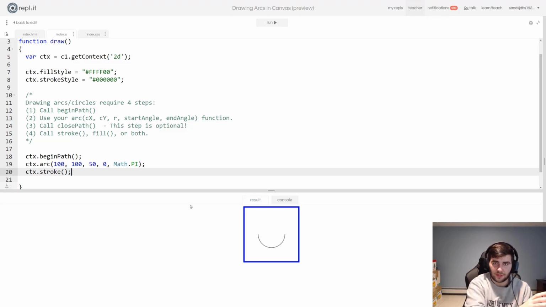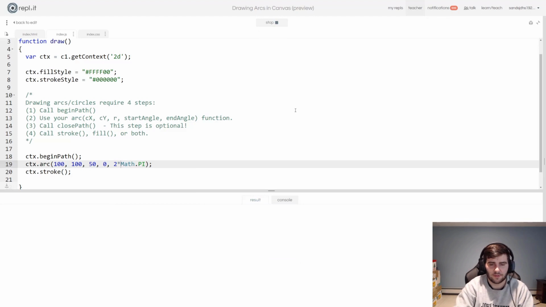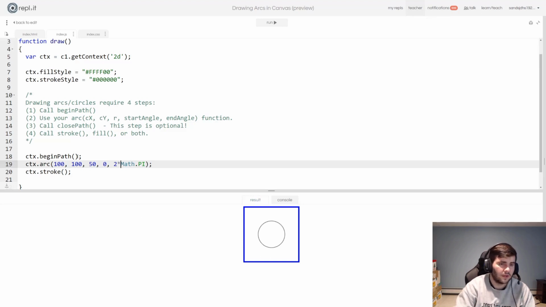So to get from 180 to 360, we just need to multiply that value by 2. So similarly, if we multiply pi by 2, that'll give us a 360 degree value. So I'm just going to throw a times 2 right in there. And you'll see, boop, if I run it, now I have a circle on my canvas. Cool.